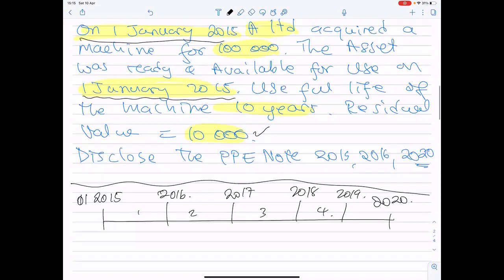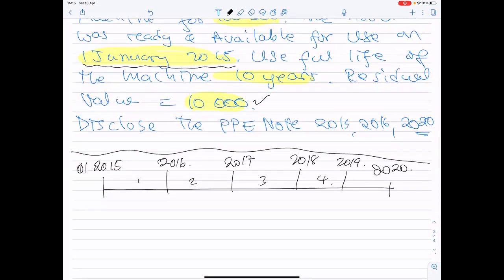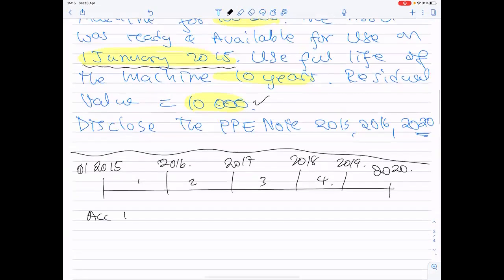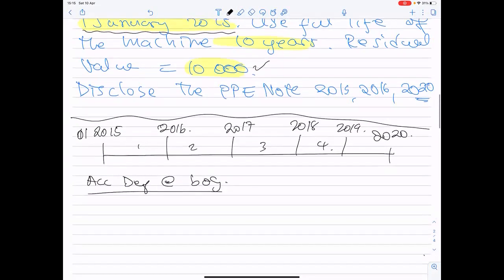Are we together? So I am going to say my accumulated depreciation at the beginning of the year is going to be the cost, which was 100,000. I subtract my residual value, I divide by 10 years, multiplied by the depreciation for 4 years.